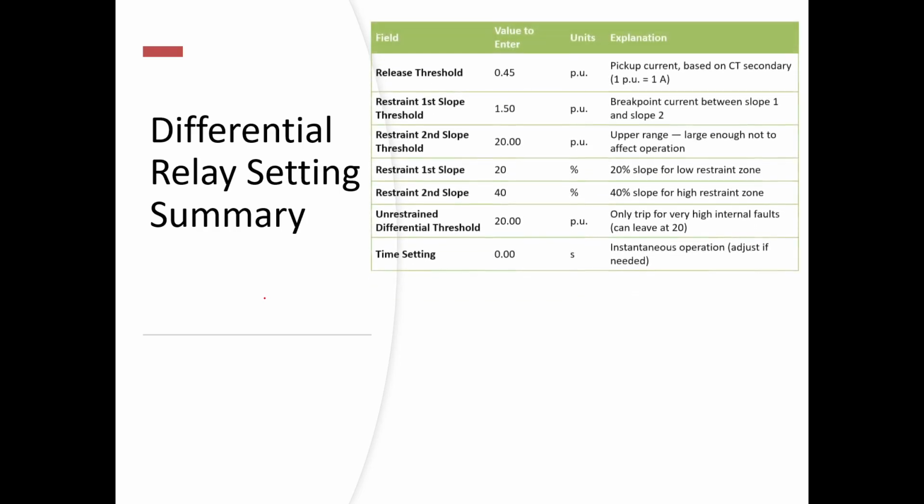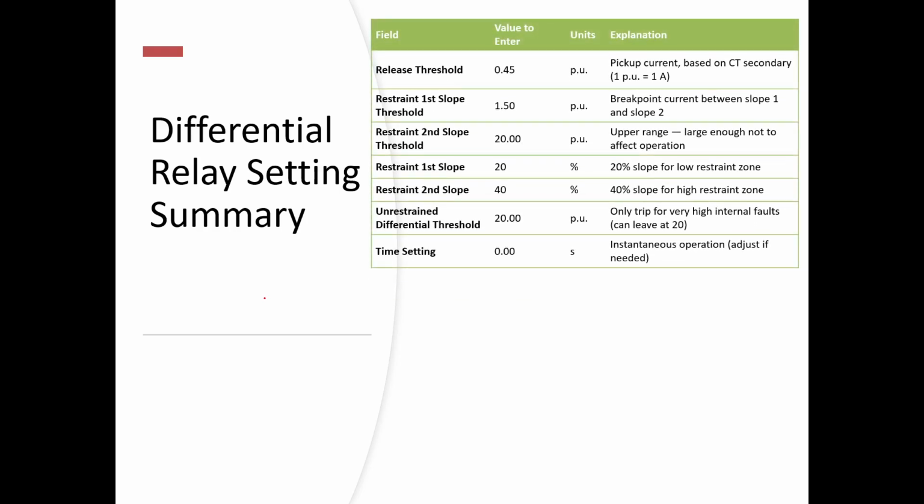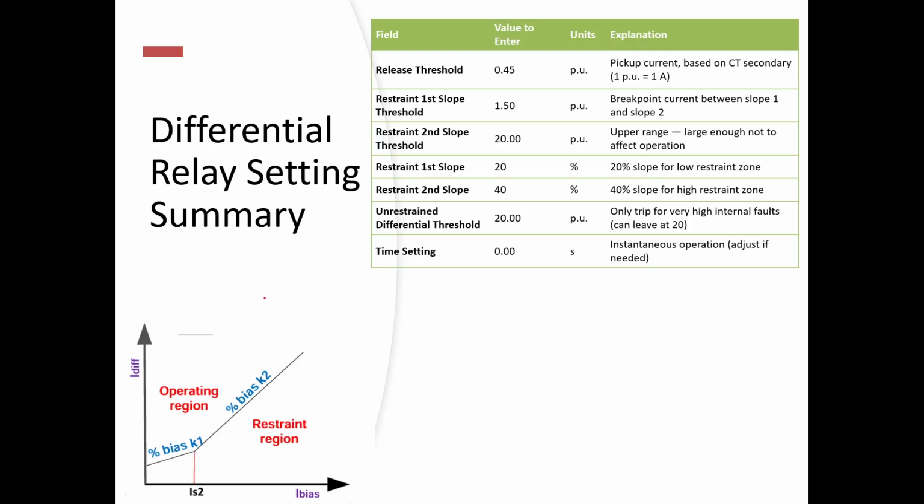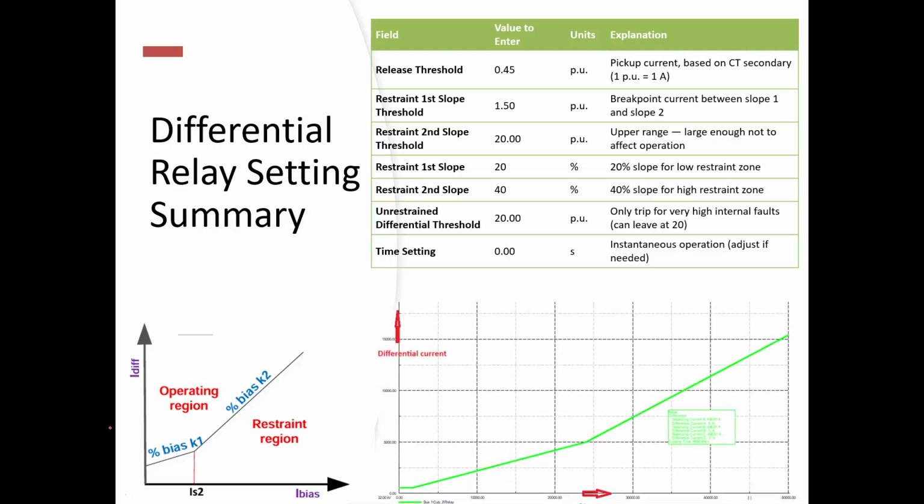So how do we then put this value into the relay? Let's have a summary of the values. As you can see, this is the minimum pickup of the relay, which is 0.45, and then this is the bias setting, which is 20% slope.